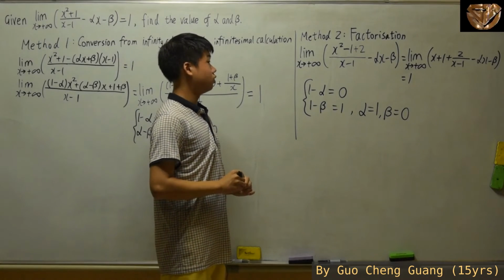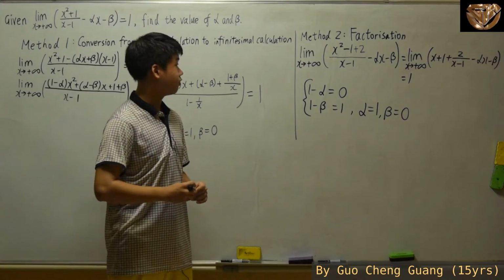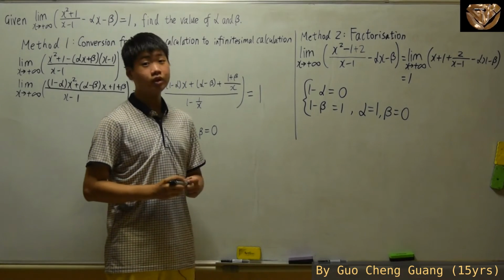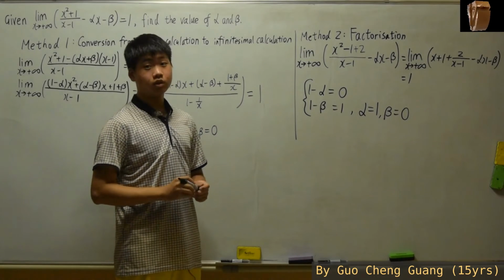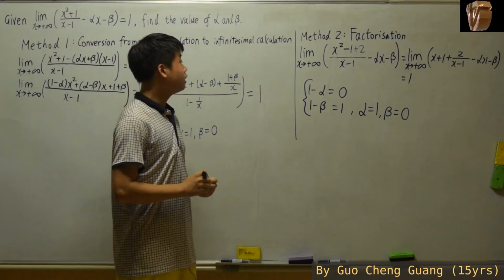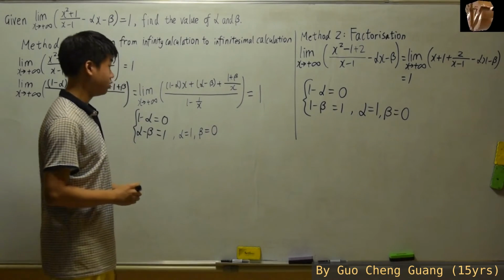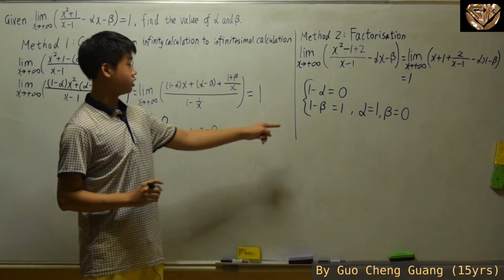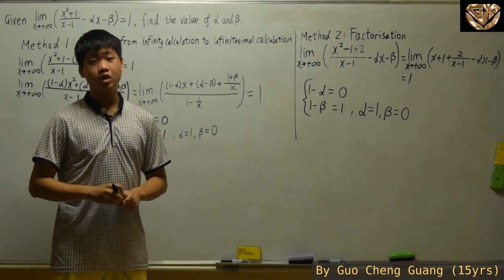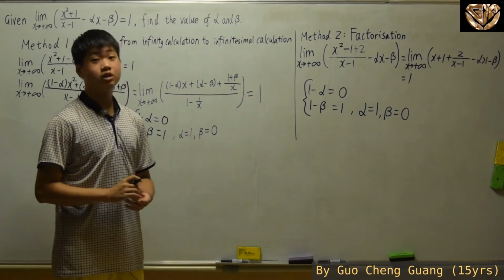Alright, so this is the second method, using factorization and partial fractions, if you want to say it. That's pretty much all that we've used in the second method. So in these two methods, they seem pretty similar, using simultaneous equations and getting your alpha and beta. But how about we have another method which is a bit different?